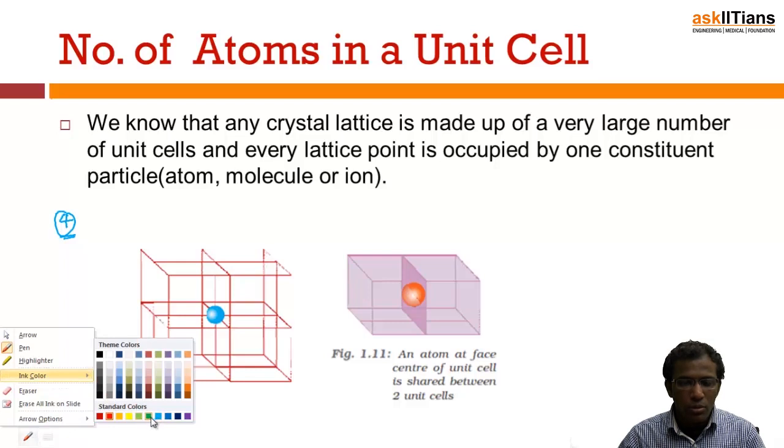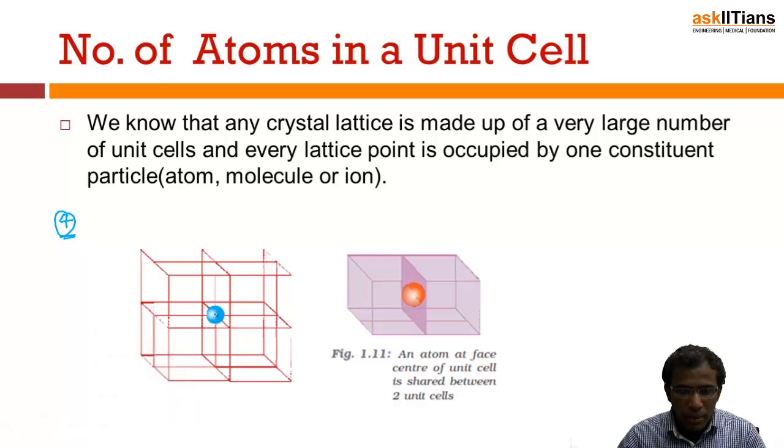I hope you are able to observe this. This particle is shared by 1 unit cell, 2, 3, 4, so 4 at the bottom and 4 at the top, 5, 6, 7, 8. So it is equally shared by 8 unit cells, 4 at the bottom and 4 at the top.